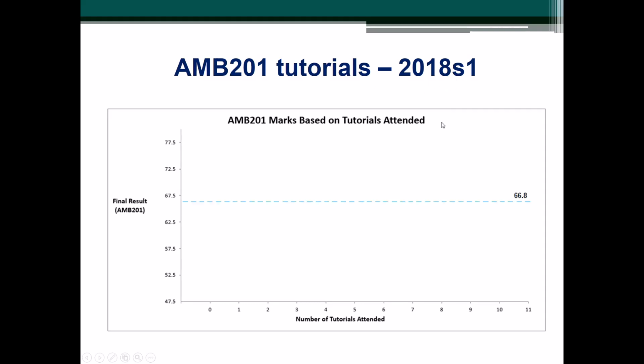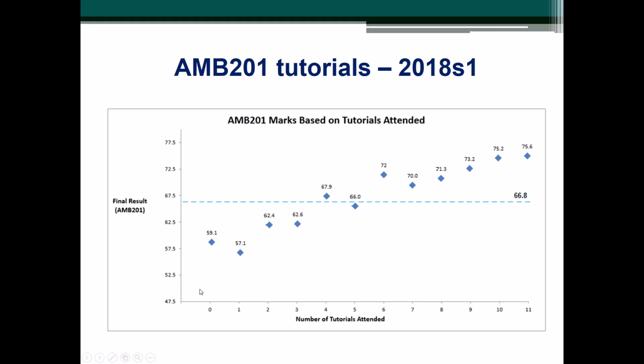I can tell you in 2018 semester 1, the overall average after we started to provide that additional content was a little bit higher. So instead of 65, we got almost 67% as the average in the class, and we still see this positive relationship between tutorial attendance and overall grade that people achieved, but it doesn't appear to be quite as strong of a correlation.